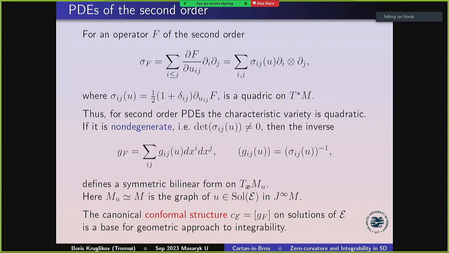Now we have this conformal structure, and that's the base for the geometric approach to integrability. In my first paper with Eugene Ferapontov, we read off all integrability features from such a conformal structure.